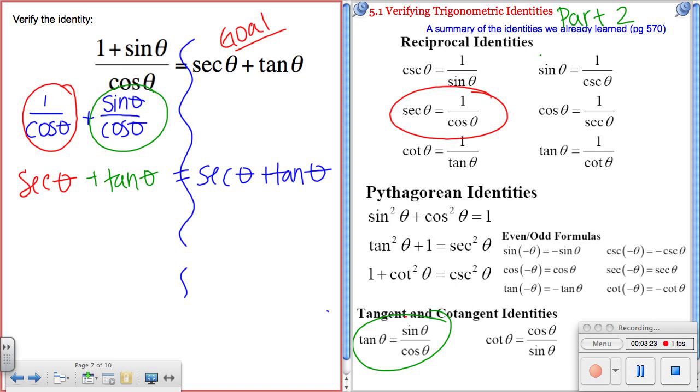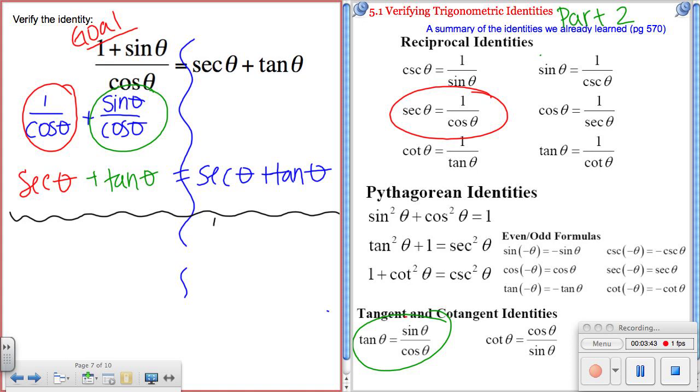Now, some of you might be wondering, what if I had started on the right side instead? I think the right side is more complicated, so I want to switch my goal. I want my goal to be 1 plus sine over cosine, and I'm going to start with secant and tangent. You could do this the other way.